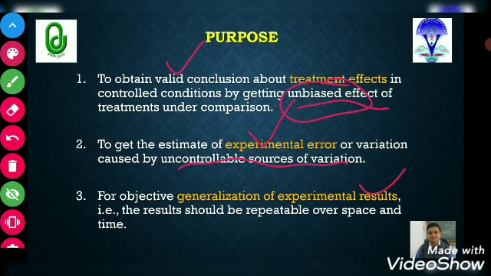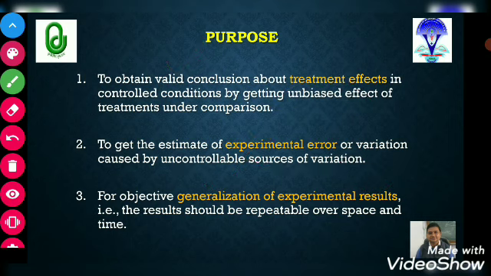Because the design of the experiment was not standard, it was not right. So to minimize such discrepancy, that means to make the experimental result generalized, whoever does the experiment at any time should get the same kind of result. This is the purpose of design of experiment.